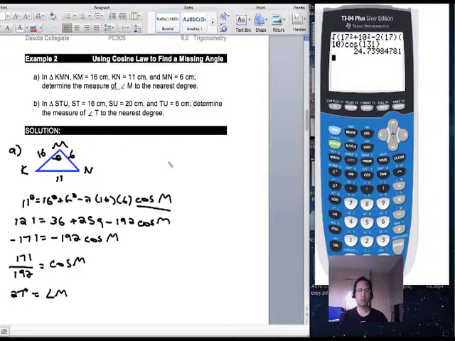B is the same sort of story. Okay, so now we've got another triangle. I'm just going to erase this little part here to give me a bit more room to do this solution, because these lines are long. So, you know, it's a good rule when you do cosine law to give yourself lots of room, because you're going to need it.